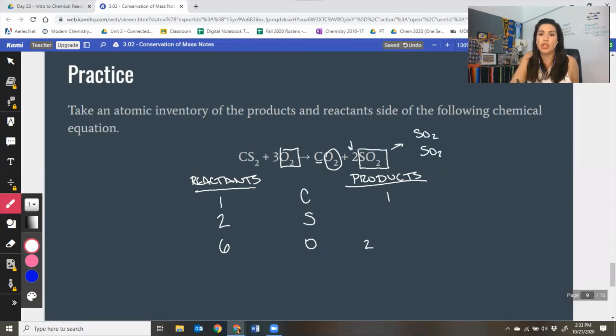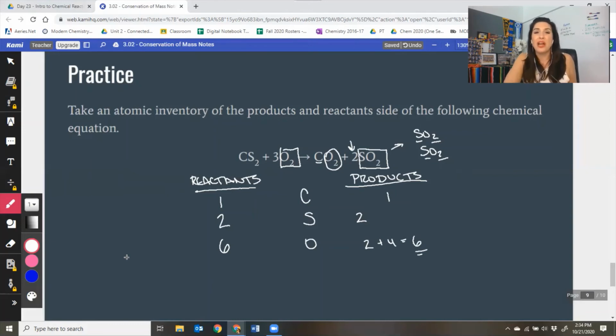I have 2 molecules of SO2. So let's see, that means I have 2 total atoms of S, and then 4 more atoms of oxygen. So 2 and 4 add up to 6. So 1 balances with 1, 2 balances with 2 for sulfur, and for oxygen, I start with 6 atoms of oxygen, and I finish with 6 atoms of oxygen.